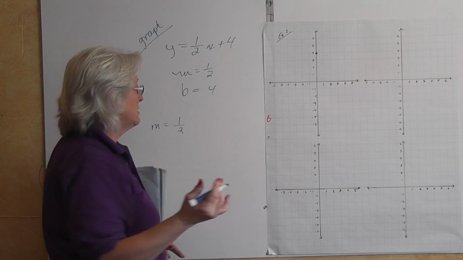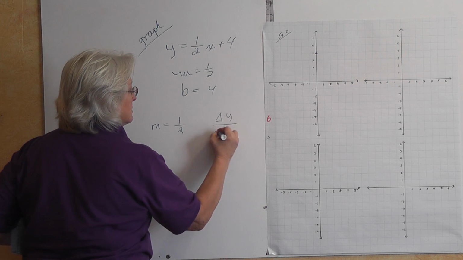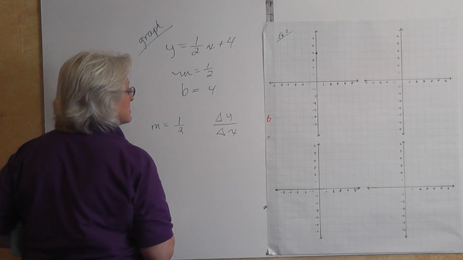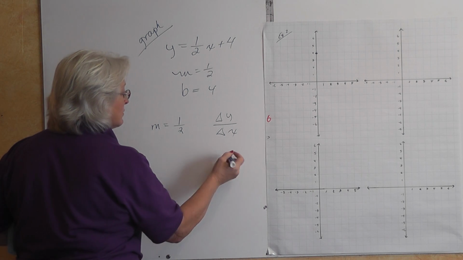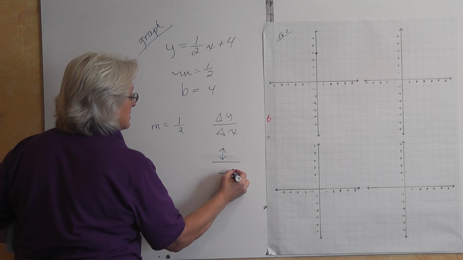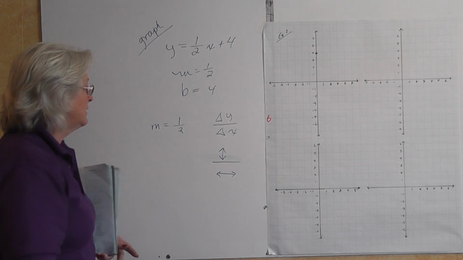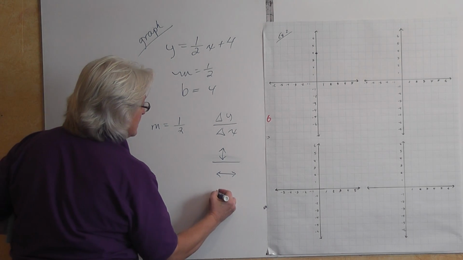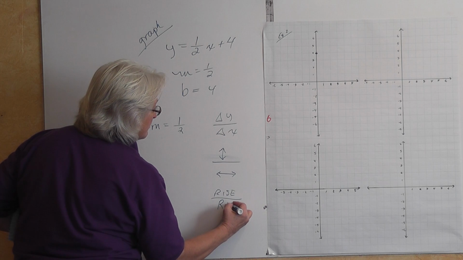And what is slope? Well, slope is the change in y divided by the change in x. You can think of it as the vertical change divided by the horizontal change. Another thing that you hear a lot is that slope is rise over run.